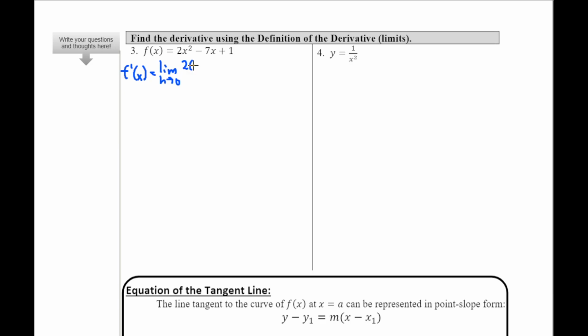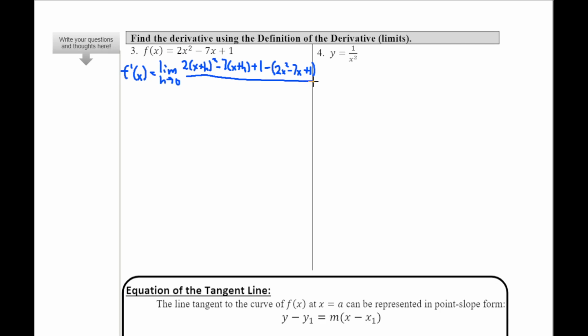So instead of 2x squared, it's 2 times x plus h squared minus 7 times x plus h plus 1. And then we're subtracting f of x. Just this thing here rewritten: 2x squared minus 7x plus 1.